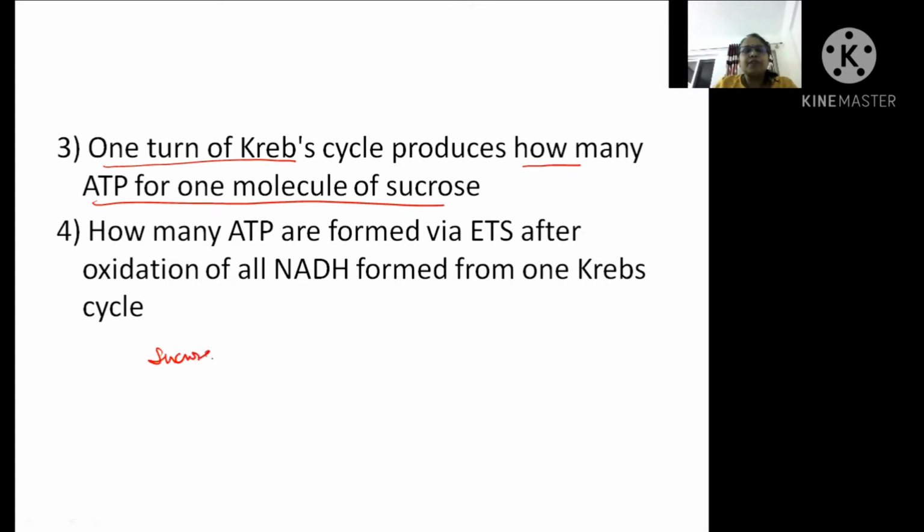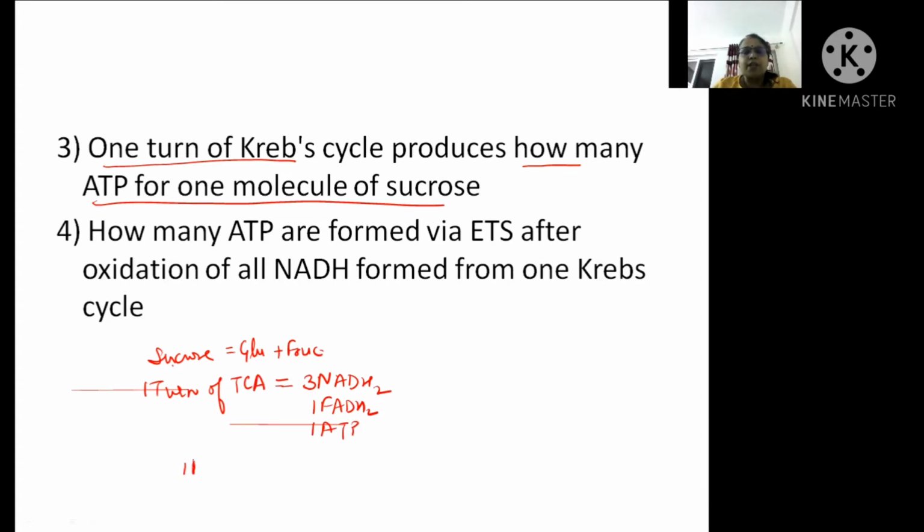Sucrose is made up of glucose plus fructose. And one turn of the citric acid cycle, or you say Krebs cycle or tricarboxylic acid cycle, will produce, see carefully, 3 NADH, 1 FADH2, and 1 ATP in one turn. And after ETS, one NADH gives rise to 3 ATP.